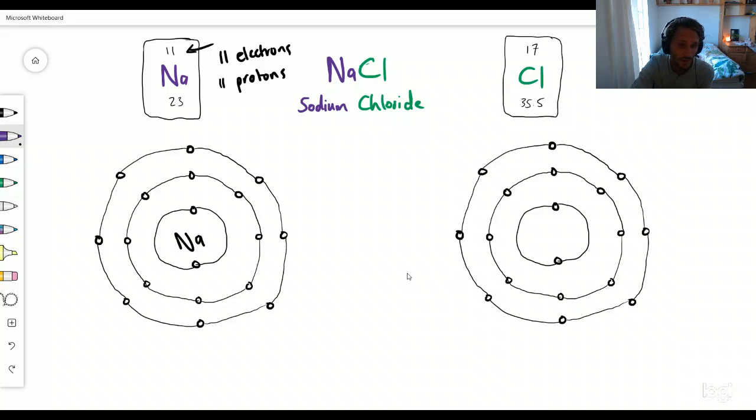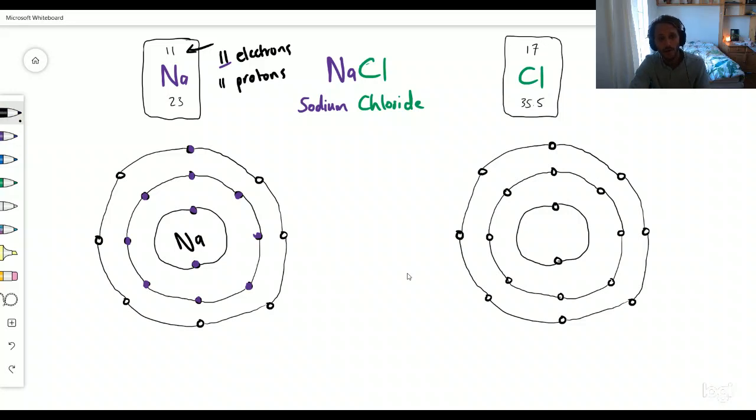The electrons fill up from the closest available spaces, the first energy level, and then they move outwards. You have a potential of 11 electrons to fill here. So watch me do it. 1, 2, 3, 4, 5, 6, 7, 8, 9, 10, and then we have the 11th electron in the third energy level.